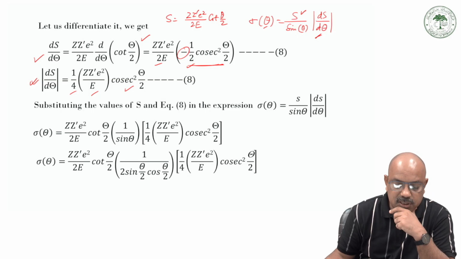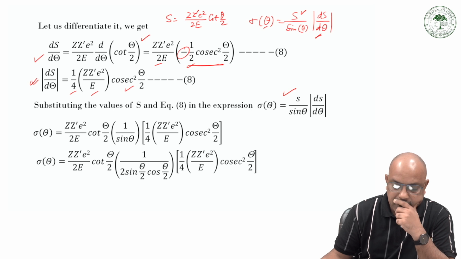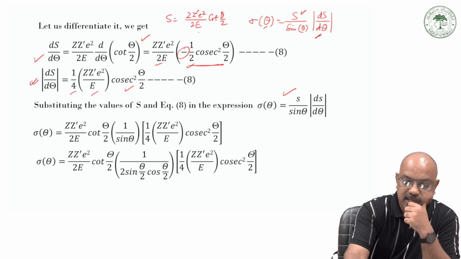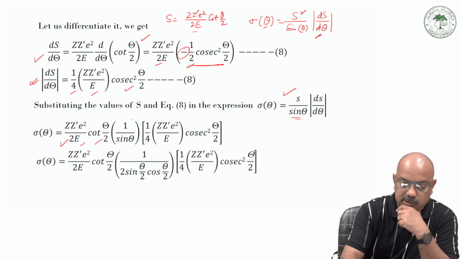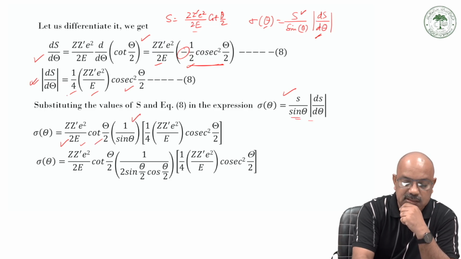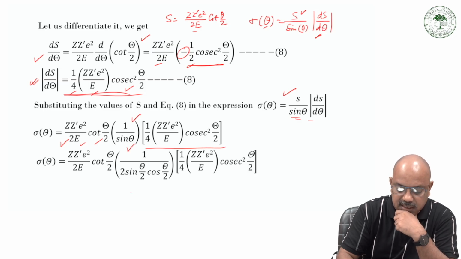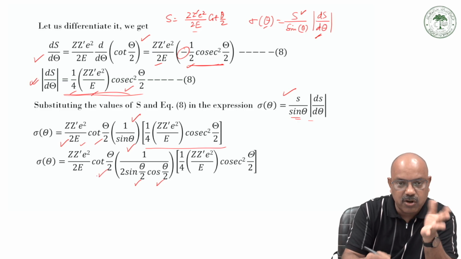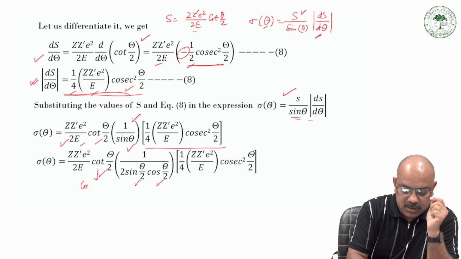So if I substitute this value in the equation already written here, s I can put as z square by twice epsilon cot theta by 2, and then 1 upon sine theta, and then this quantity we have calculated here. Putting this all together, I can write sine theta as 2 sine theta by 2 cos theta by 2, and cot theta by 2 as cos theta by 2 over sine theta by 2.